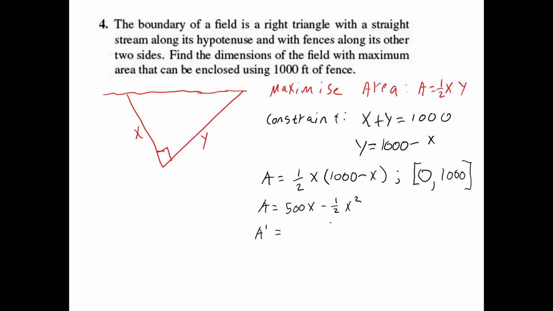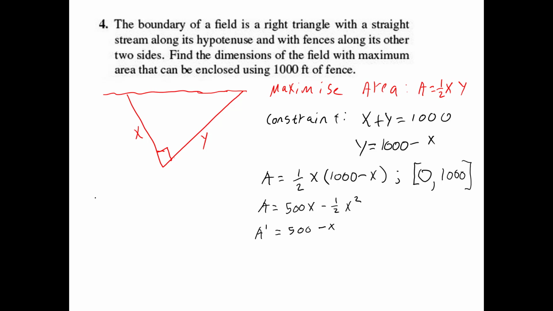But once we have the formula, the calculus is actually now pretty easy. We know that the absolute max has to happen at the endpoints or at the critical points, and it can't happen at the endpoint. So now we just got to find the critical points. And the critical points for this is pretty simple, because the derivative is 500 minus x, and so then it looks like the only critical point is at 500.